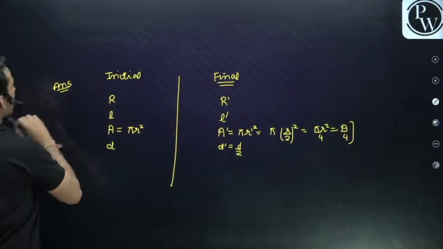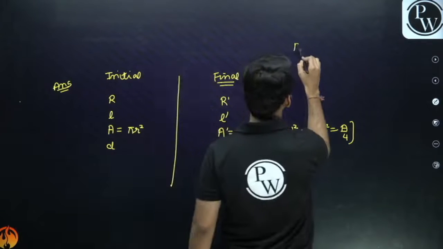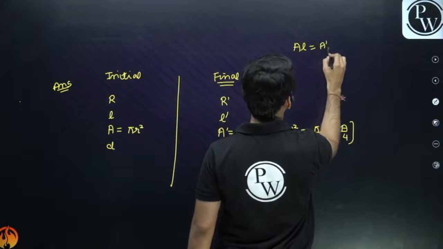Now the volume of the wire will remain constant. Volume is area into length, right?